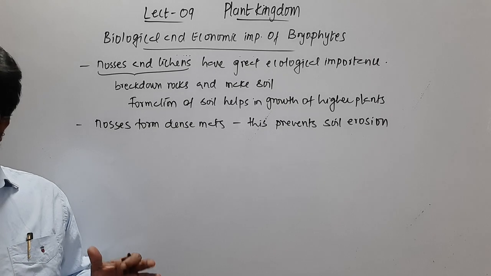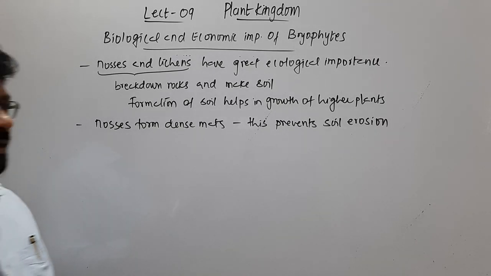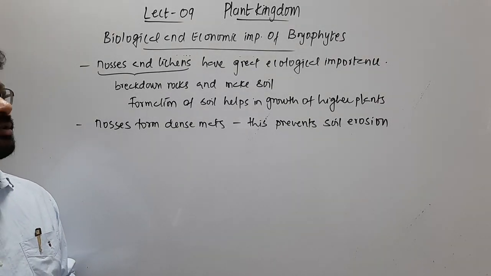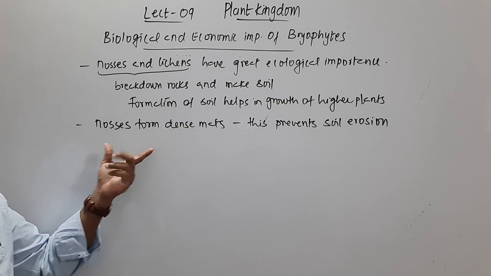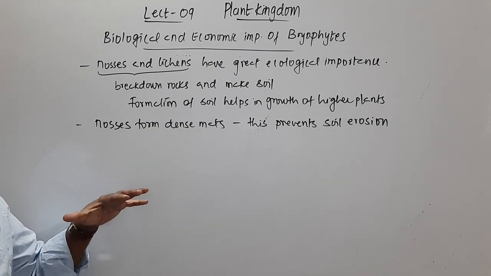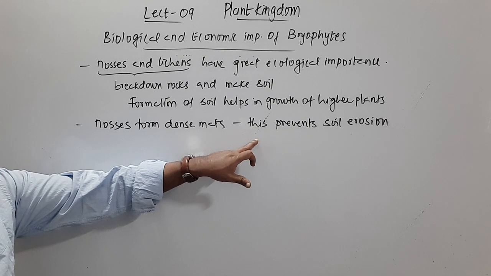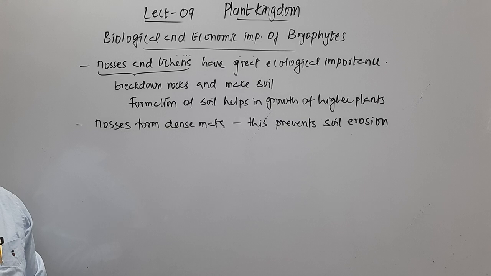Especially in heavy rains or during floods, the top layer, which is the fertile layer of the soil, will be removed. That can be prevented if there is a growth of mosses. If mosses grow and form a dense mat on the soil, even in heavy rains or other conditions, it will prevent soil erosion, that is, removal of the top layer of the soil.